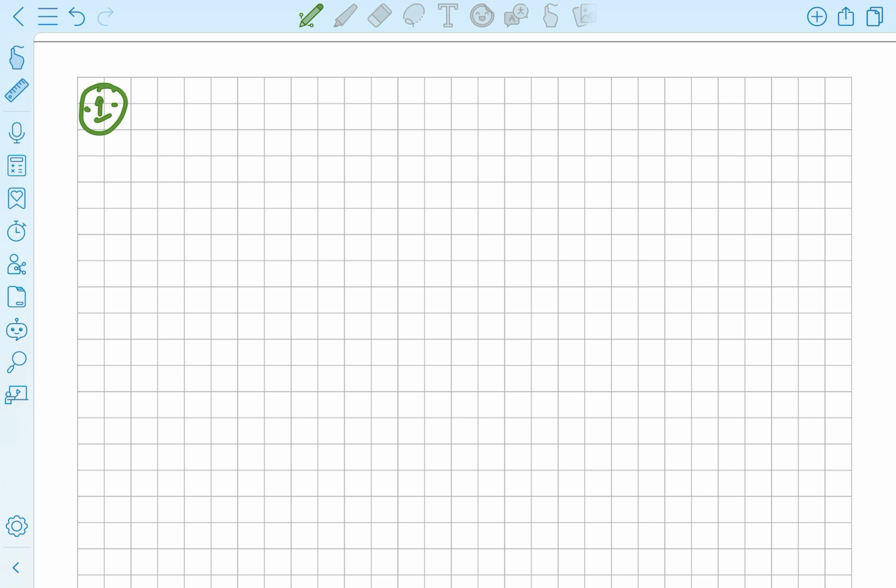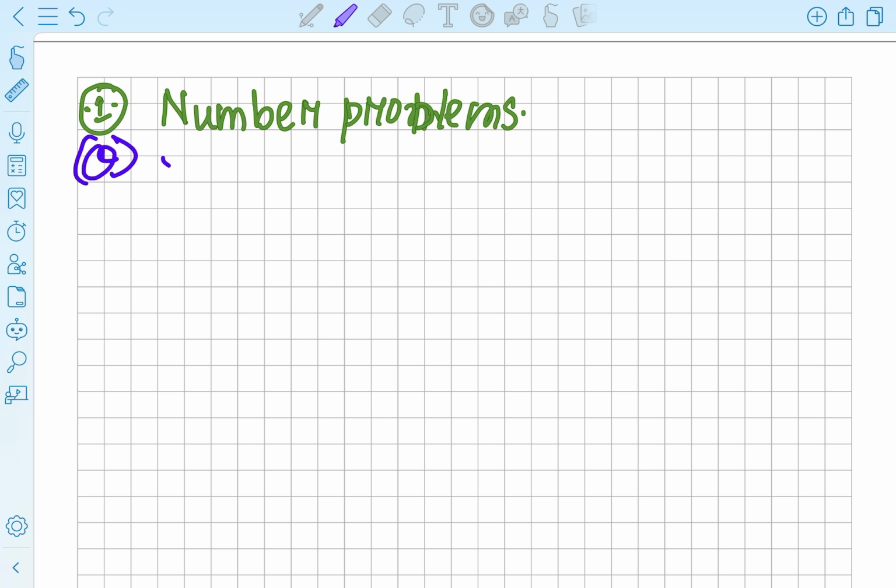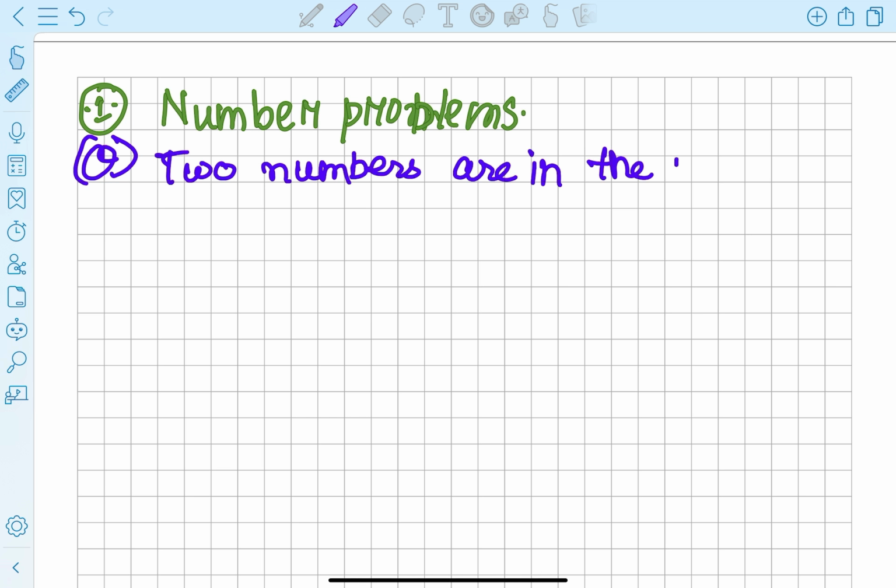Alright, now number 1, we have number problems. Okay, let's first look at one number problem. Let me write down the question. Say two numbers are in the ratio 3:8.